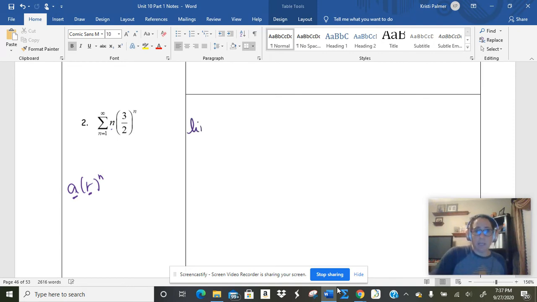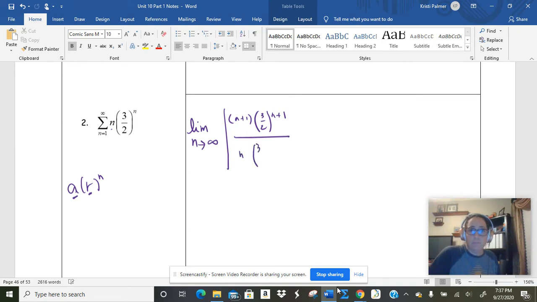So I'm going to set up the limit as we go to infinity of the next divided by, and I'm going to go ahead and do the division since this is kind of a fraction, but it's not at the same time. I mean, it's up to you. There's lots of ways. Divided by the original, all in absolute value bars.